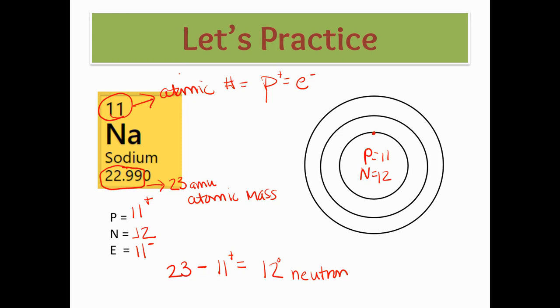So we know on the first energy level, we add 2. On the second energy level, we can hold up to 8. But we know that we have to go to 11. So now we need to add 9 more. So I'll go 1, 2, 3, 4, 5, 6, 7, 8.